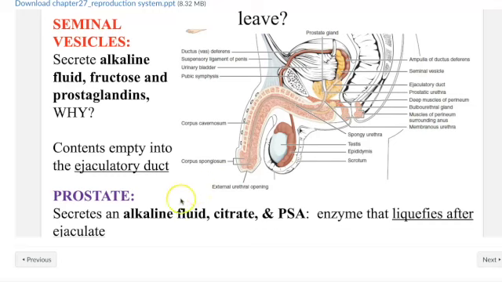Once it's ejaculated, it is quite thick; first it coagulates, which helps it maintain its shape and keep everybody together in the female reproductive tract.